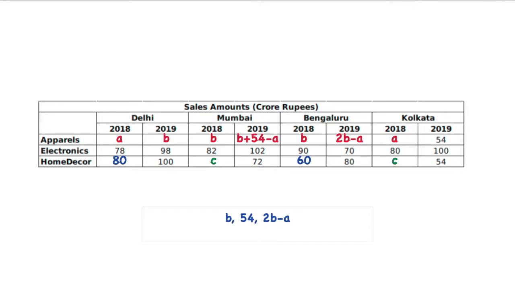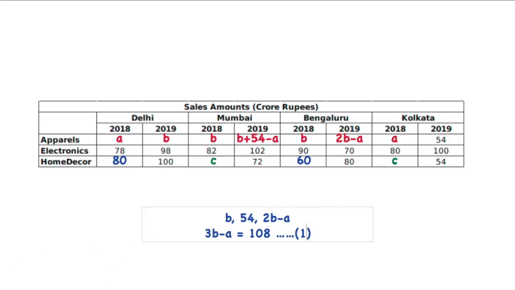As we know, if A, B, C are in arithmetic progression, A plus C upon 2 is equal to B. So solving that, we'll get 3B minus A is equal to 54 into twice 2, which is 108, right? So this is one condition, since we did not get the respective values.